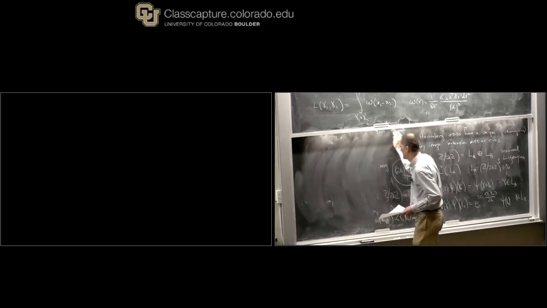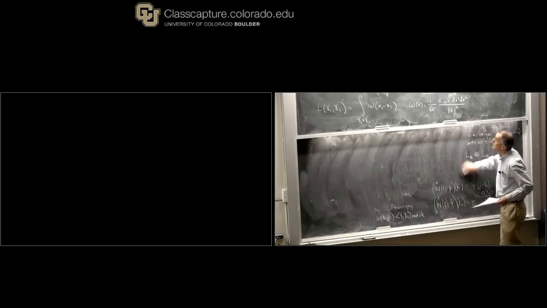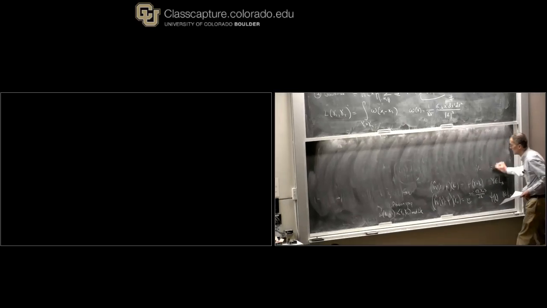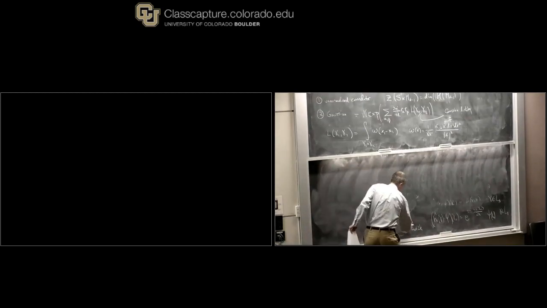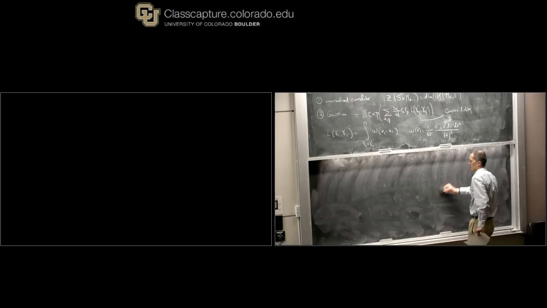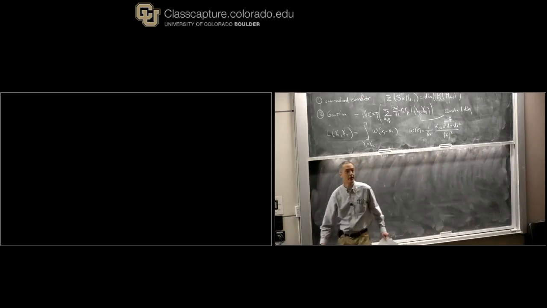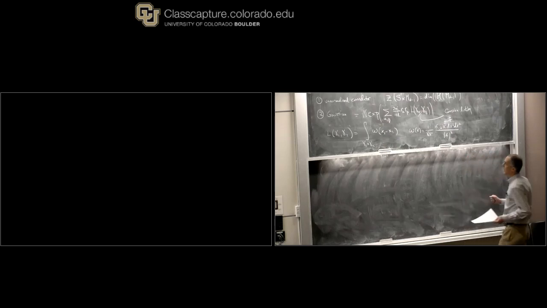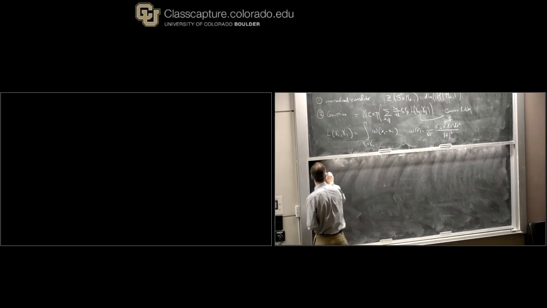Does anybody notice it? Pardon? Thank you. Yeah. Right. So what Clay said is that he's pointing out that when alpha equals beta, we have a problem. So we have gamma_alpha, gamma_beta. Gamma_alpha with itself is ill-defined.